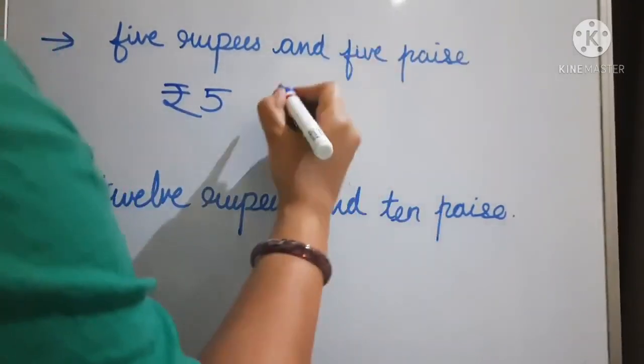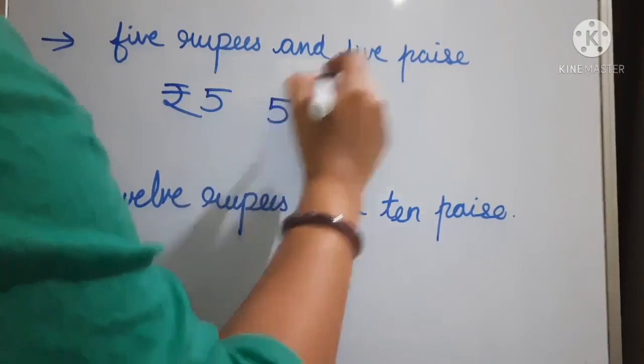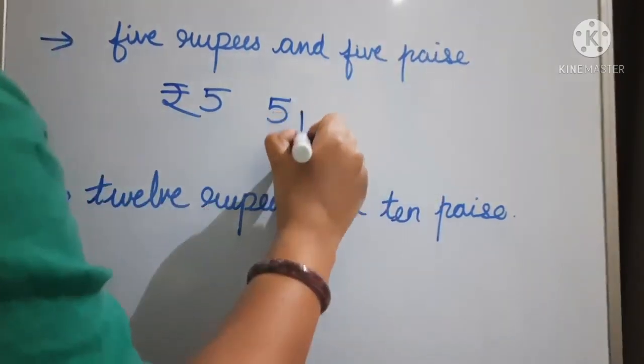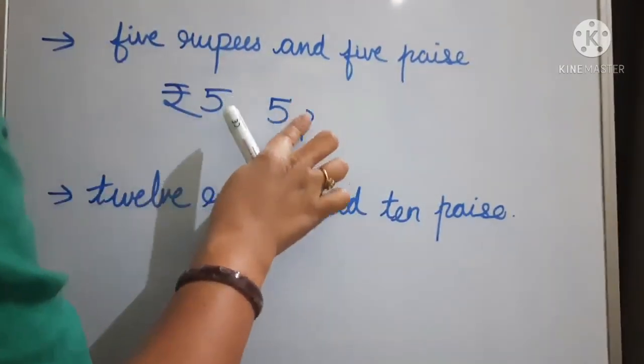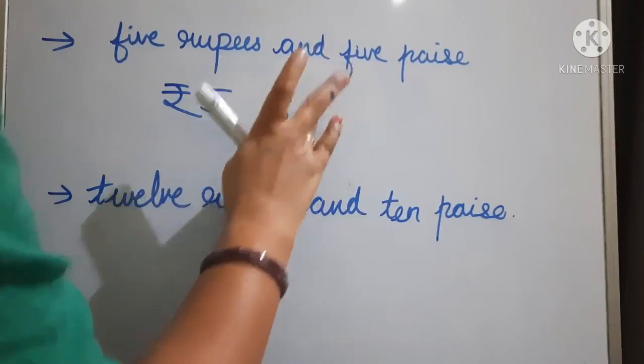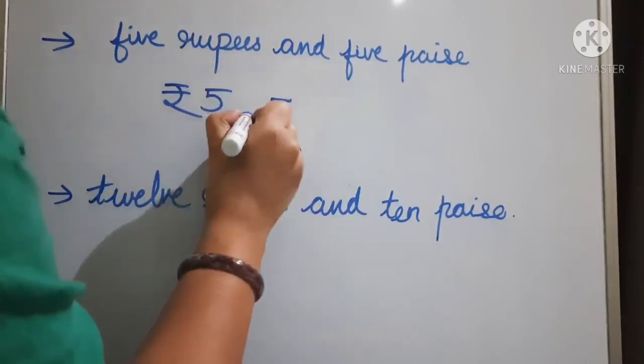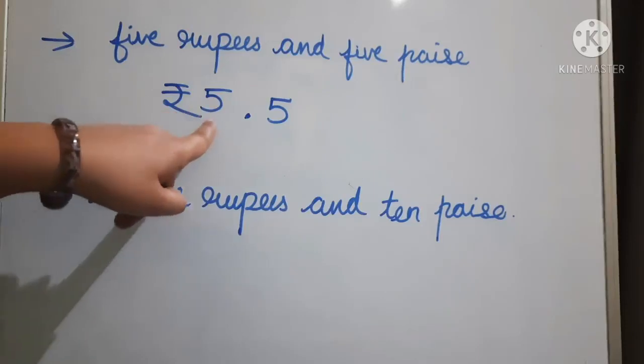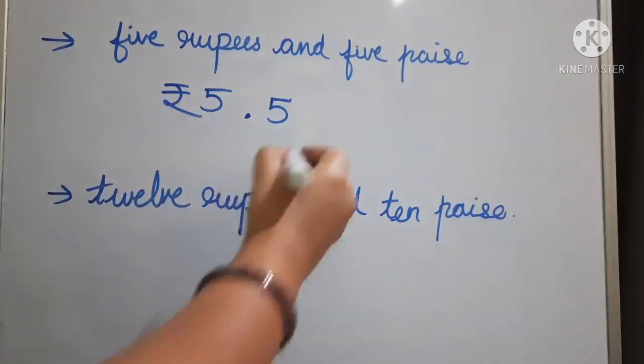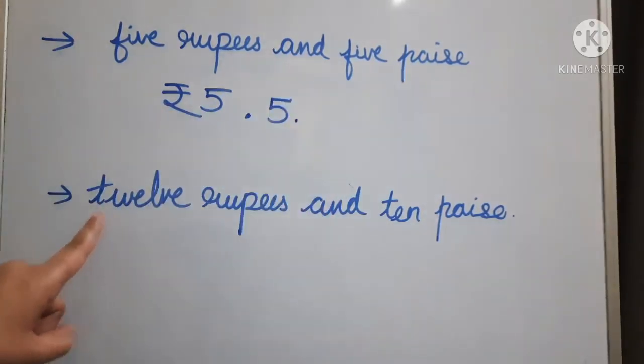And 5 paise, write 5. So we are not going to write P here, but we are going to keep a dot before 5. This is in figures now. Got it? Now let us see the second one.